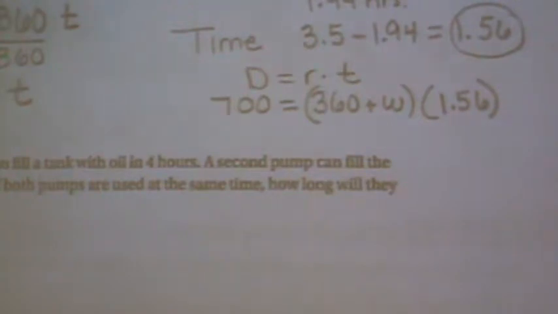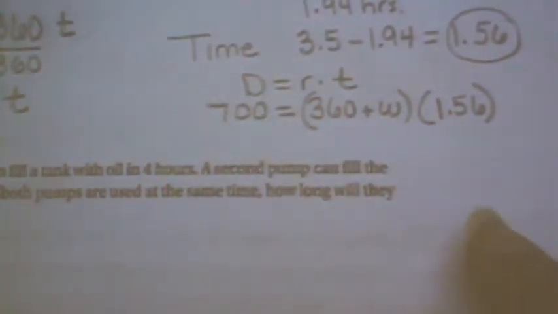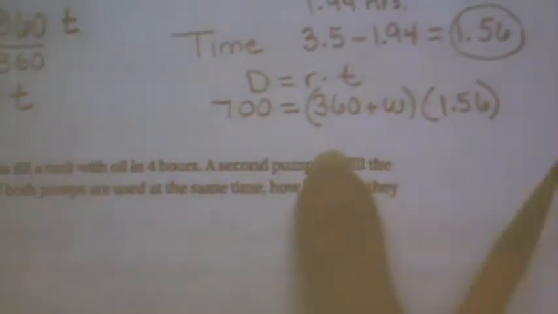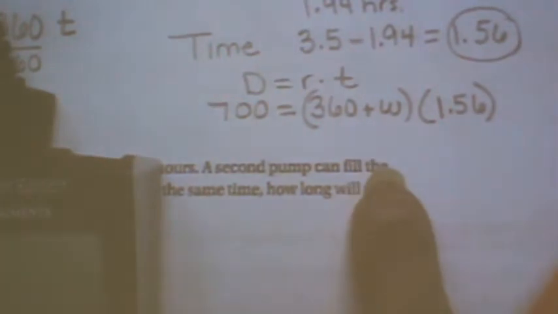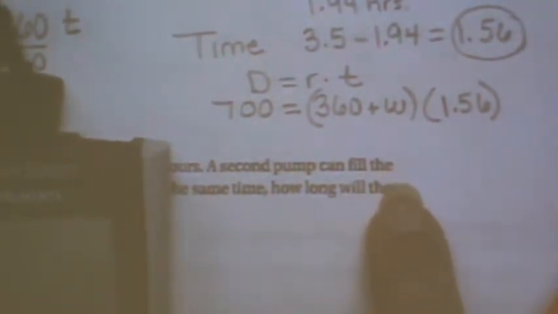Couple things you could do. You could divide 700 by 1.56, and then subtract 360. Or you can distribute, and I want you to do this for me and tell me what answer you get.